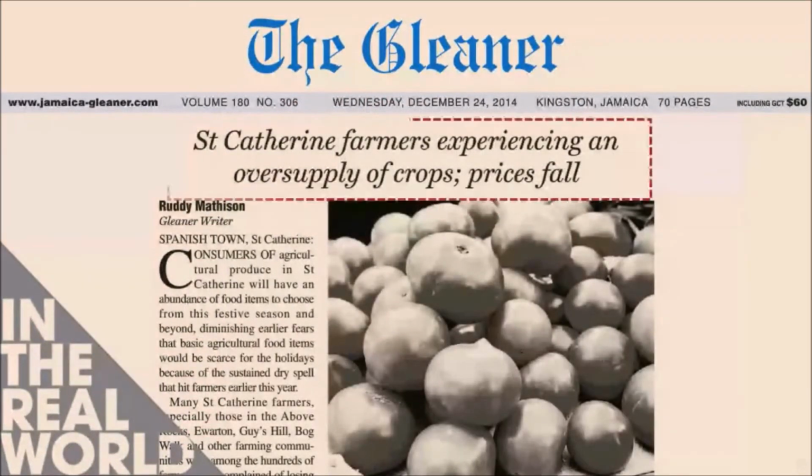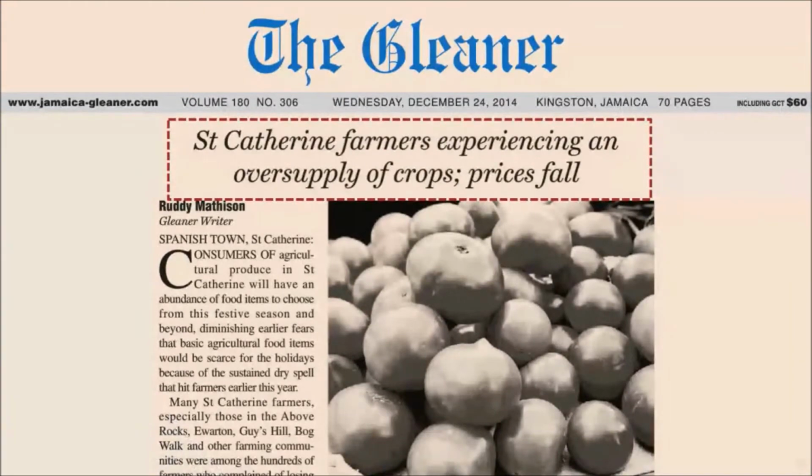Examples of this are all around you. St. Catherine farmers experience oversupply of crops. Prices fall. Nobody reading this article is going to be puzzled about the connection between the part that says oversupply and the part that follows that says prices fall.